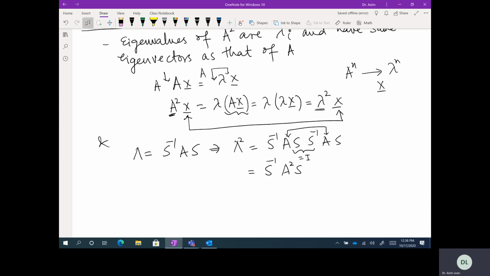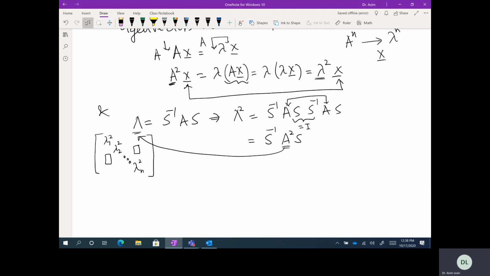So lambda square now has eigenvalues lambda square on the main diagonal. So this lambda square is actually lambda 1 square, lambda 2 square, all the way up to lambda n square. Okay.